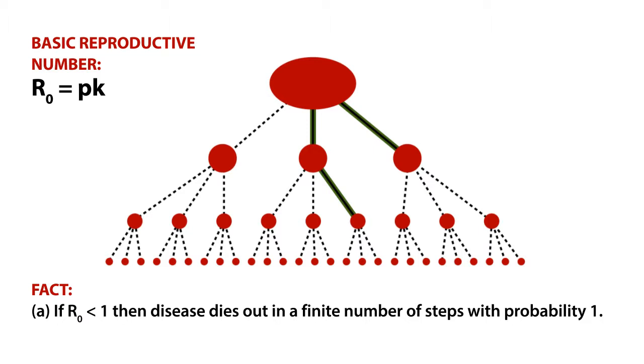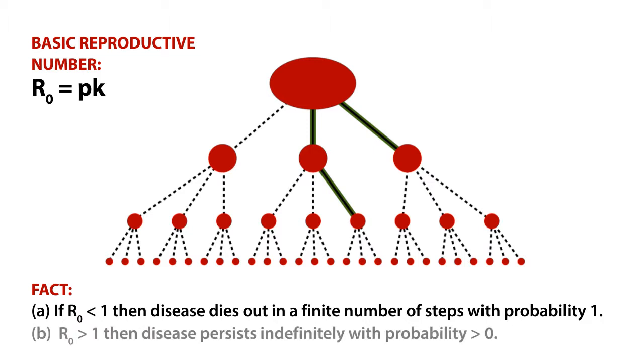Okay, so with probability 1, it will end a finite number of waves, and the entire rest of the population is safe, is completely healthy. Whereas on the other hand, if R0 is greater than 1, then there's a positive probability that the disease will actually persist indefinitely. In other words, that it will infect people in arbitrarily deep waves, arbitrarily far down the contact network.